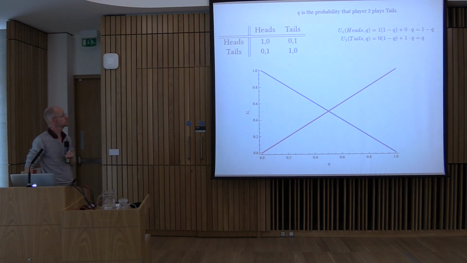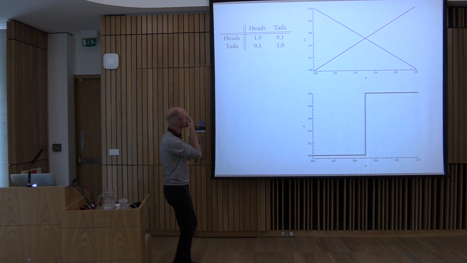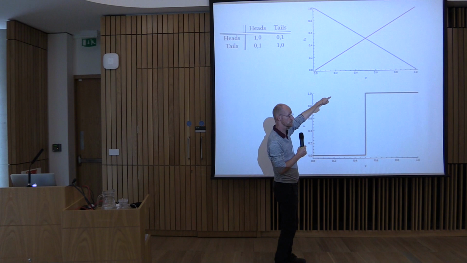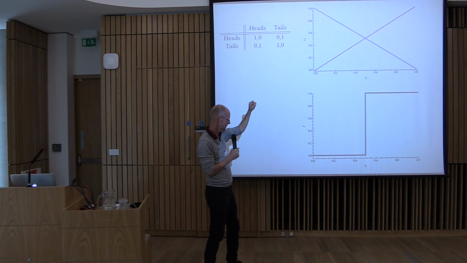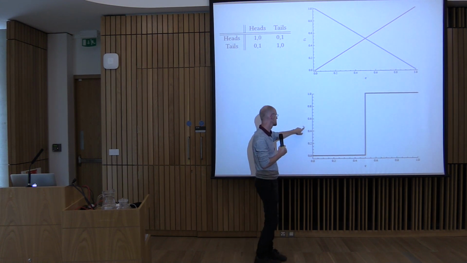That's what you do for player 1, but you can also do this for player 2. First, these are the utilities depending on the value of Q, so what is the best strategy for you?